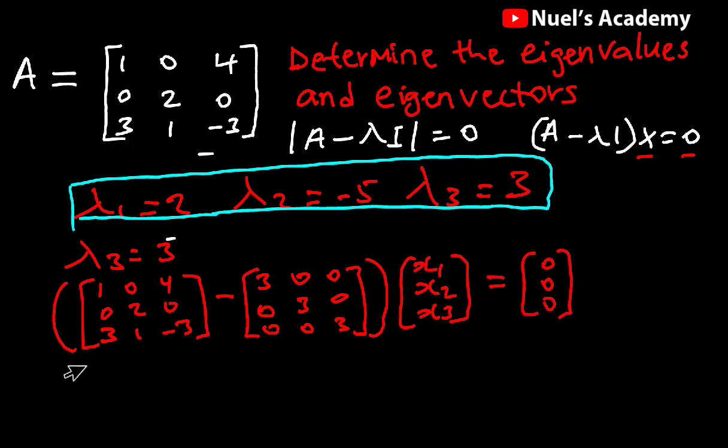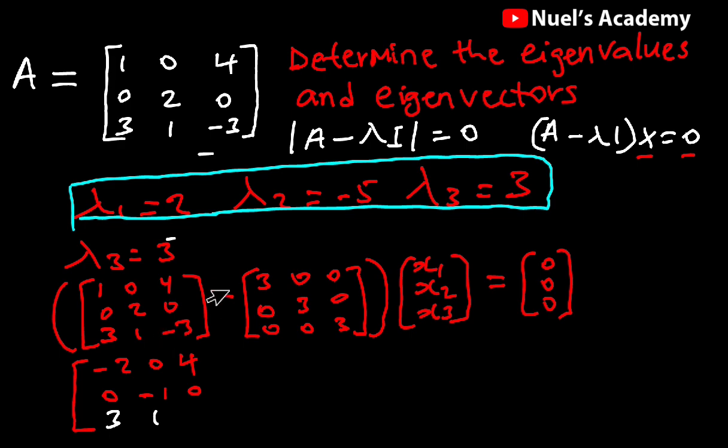So we're going to have 1 minus 3 is equals to minus 2. 0 minus 0 is equals to 0. 4 minus 0 is equals to 4. 0 minus 0 is equals to 0. 2 minus 3 is equals to minus 1. 0 minus 0 is equals to 0. 3 minus 0 is equals to 3. 1 minus 0 is equals to 1.